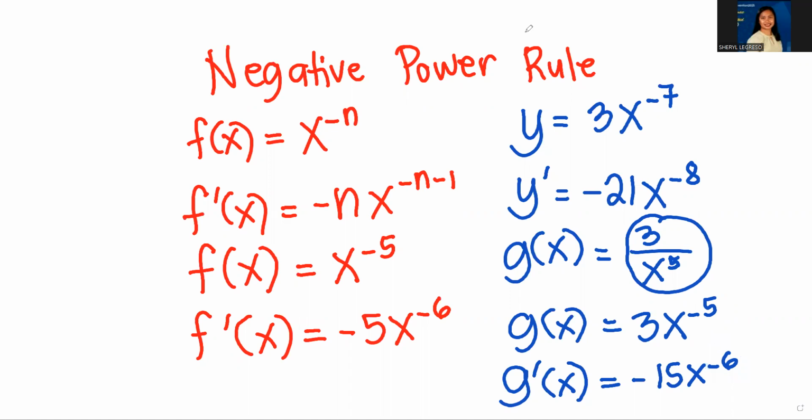Now, let us have more examples. Suppose we have y equals 3 over 4x raised to 7. With this one, we know that x raised to 7 should be a negative exponent if you want to express that into an expression which is not a rational expression.